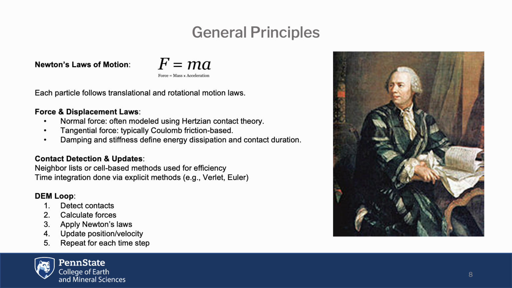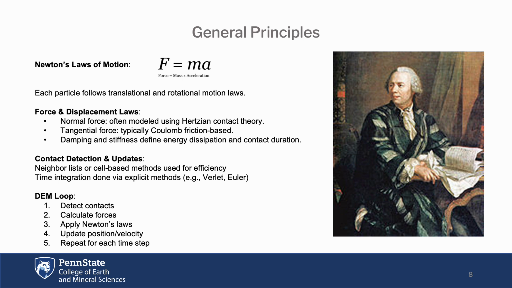Efficiency is a major consideration in DEM, especially in systems with large numbers of particles. That's why contact detection relies on neighbor lists or spatial partitioning, like cell-based grids or Verlet lists, to quickly identify which particles are close enough to interact. These calculations are embedded within a simulation loop.